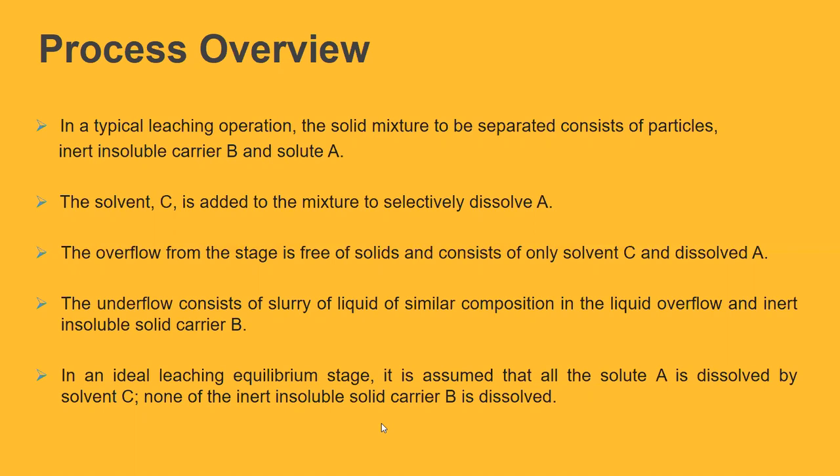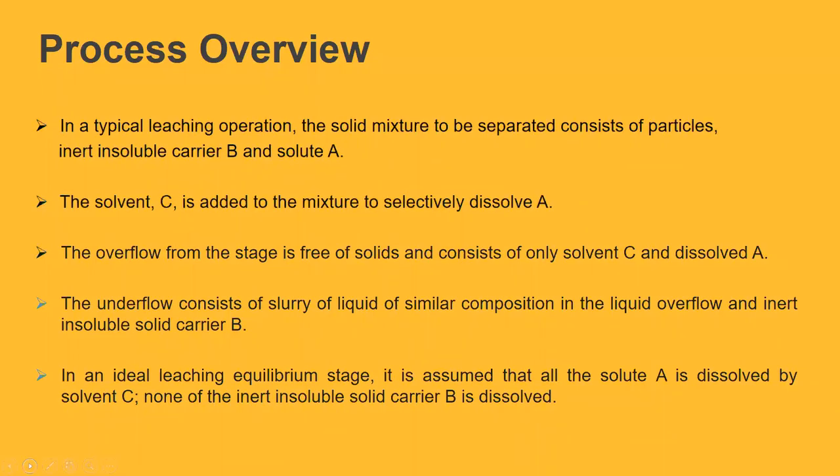So all the A should be in the overflow, and what remains in the underflow is just the inert insoluble solid B. Now, the only presence of A in the slurry is the A that is present in the solution in your slurry. So remember that your underflow is in the form of a slurry, your solid together with the liquid. The liquid has A because the concentration of the liquid in the slurry is the same as that of the overflow liquid.